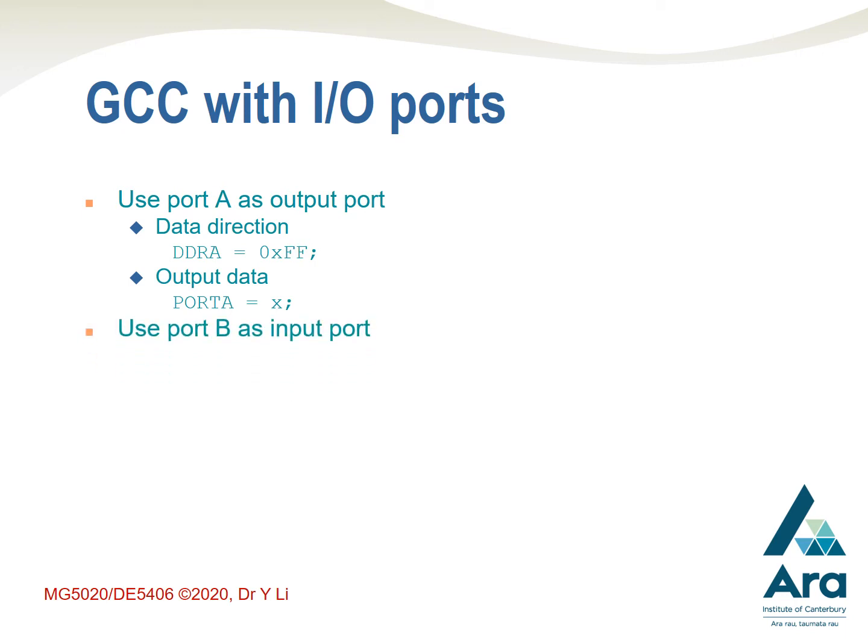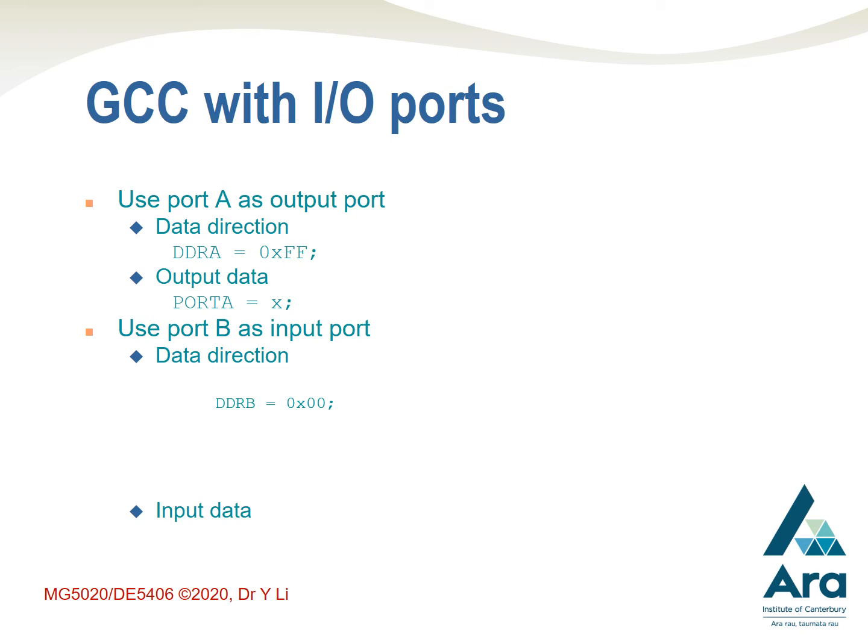To use port B as an input port, we need to do 2 things: define the data direction, and then input data from the port. To define the port as input, we write 0 to all bits in DDRB.